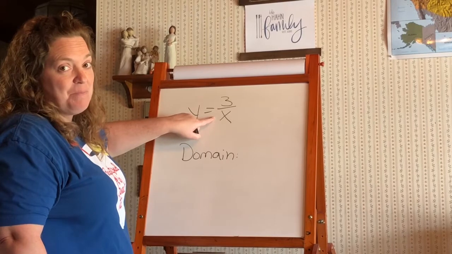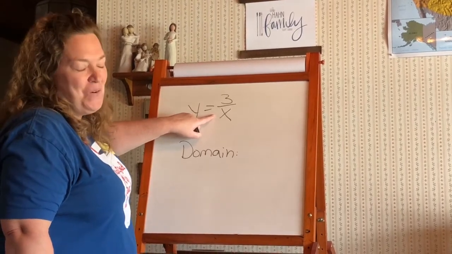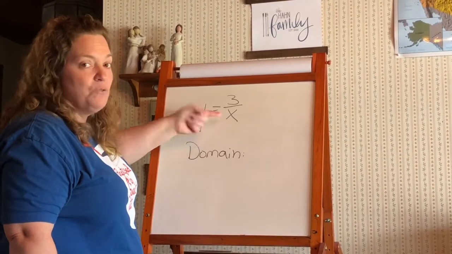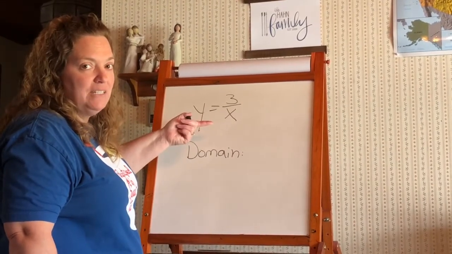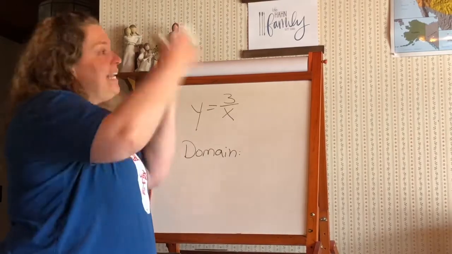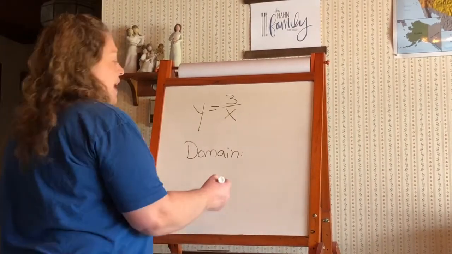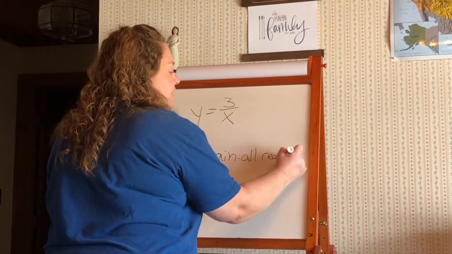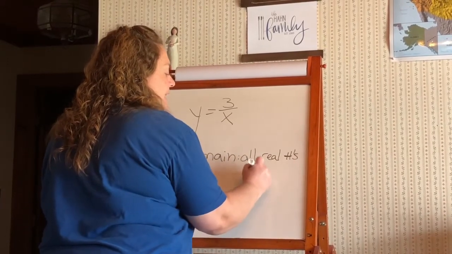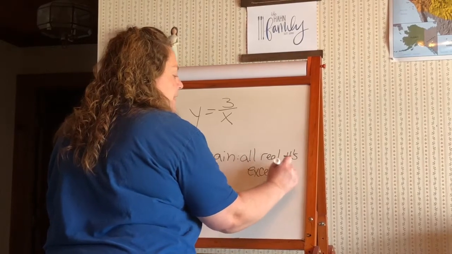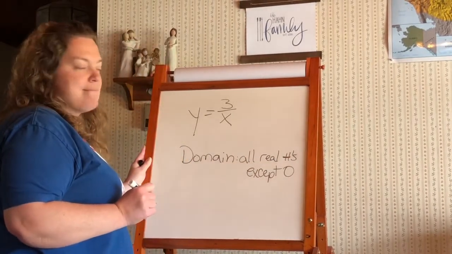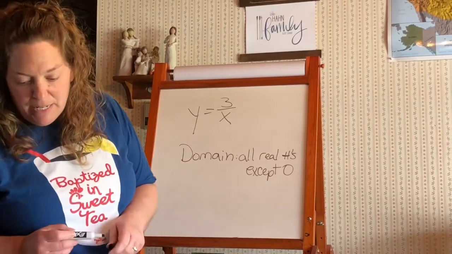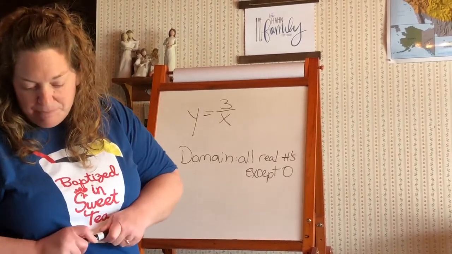Simeon, what's that answer? 0. X cannot equal 0. You can't have 0 in a denominator. But we could put any other number. So the answer for the domain here is all real numbers except 0. Okay? All real numbers except 0 is the domain.